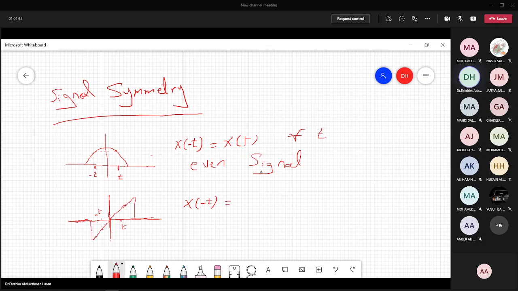Any value here for minus t is exactly equal to the value on the right hand side but opposite. At minus t it equals minus the value of whatever we have on the right hand side. So x of minus t equals minus x of t, again for all t, then this signal we call odd.